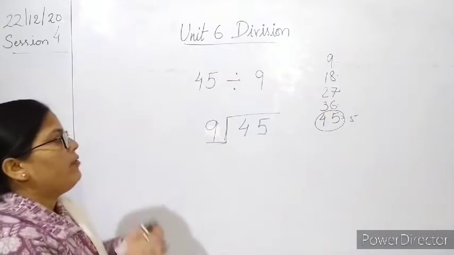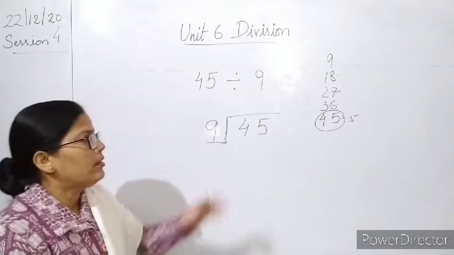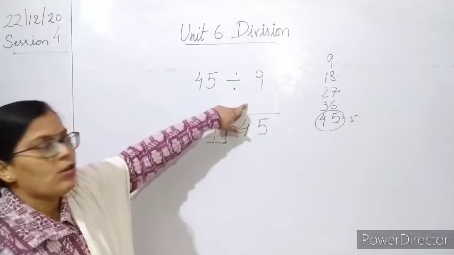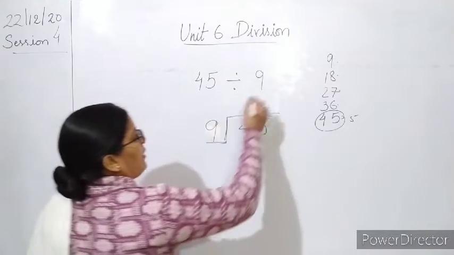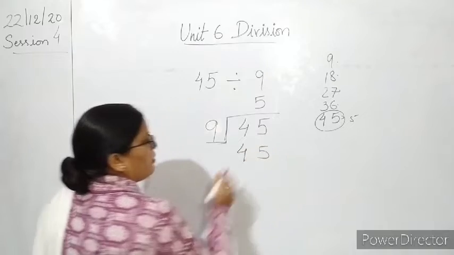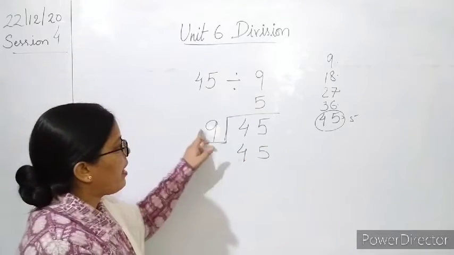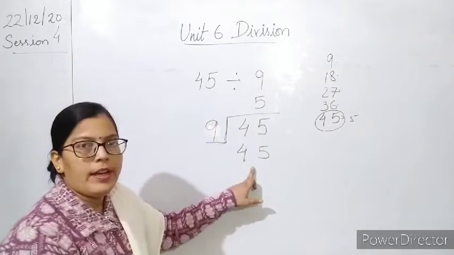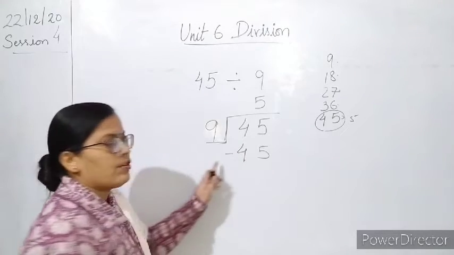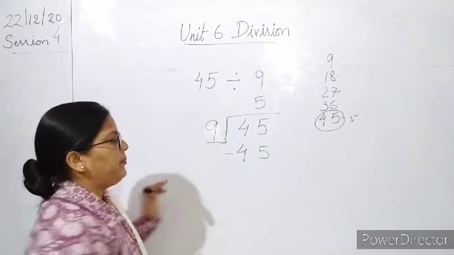So where will we write the answer? Above 45, at the top. So 9 fives are 45. Okay, now see how to write. 9 fives are 45. And then we put the sign of subtraction here.